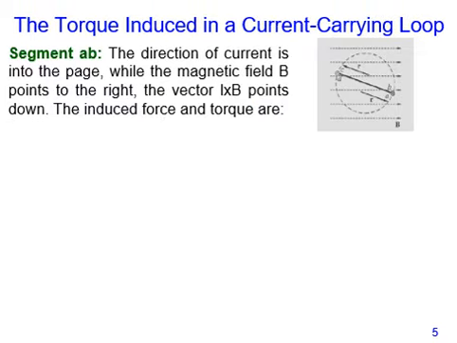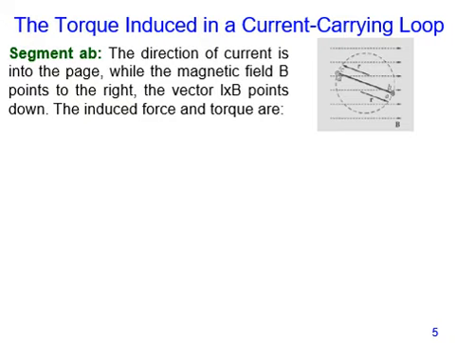Now, first of all, we discuss segment AB. In this case, the direction of the current is into the page, while the magnetic field B points to the right, as you can see from the figure. The quantity L cross B points downwards.